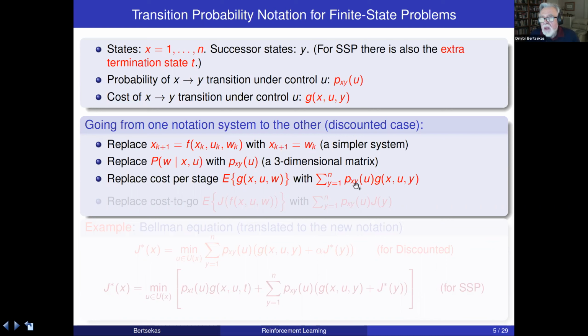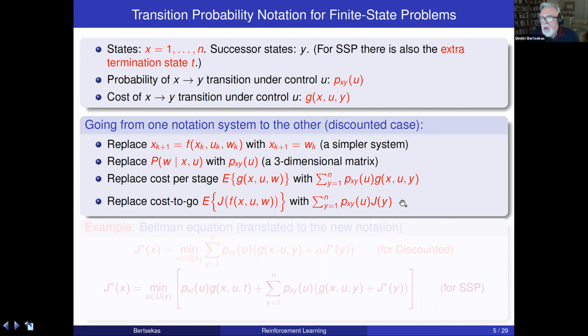The probability of going to y is this one, and it weighs the cost of going to y. So this is the correspondence. And similarly, expected cost-to-go in the previous notation system is replaced by this one, the expected value of the cost of the next state, given that we start at x and we use control u.